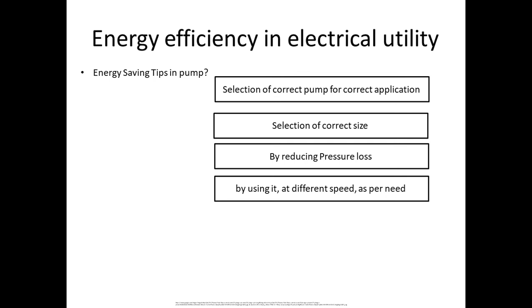If that fan does not have a regulator, then it will operate at a constant speed. Even if we require very little air, it rotates at very high speed. But if we have a regulator, then we can operate it at low speed and fulfill our need. So variation of speed is very important in a pump for energy conservation.